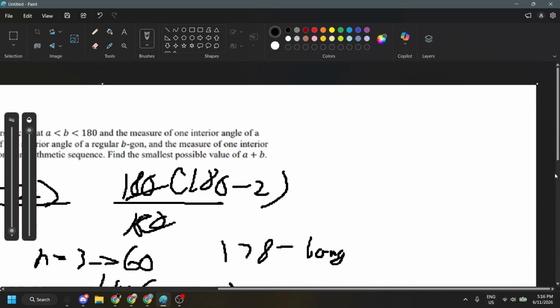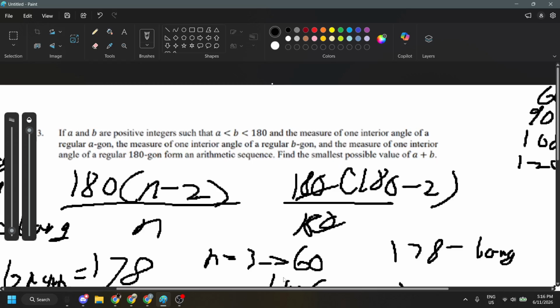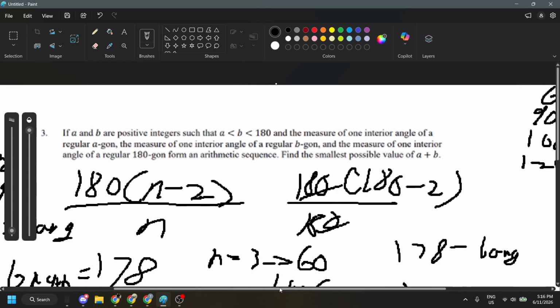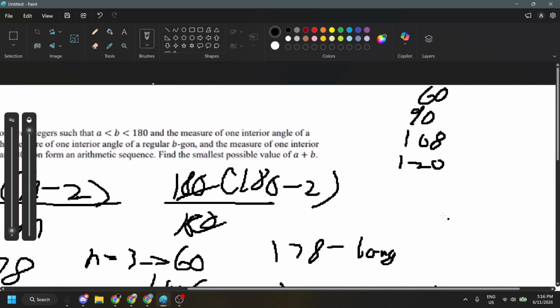Why don't I list out just a bunch of angles. So we have 60, 90, a pentagon is 540 over 5, which is 108, then 120. A septagon is going to be 5 times 180 over 7, that's going to be a weird one.